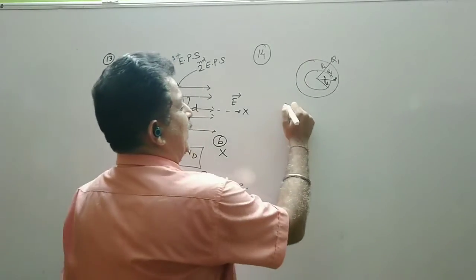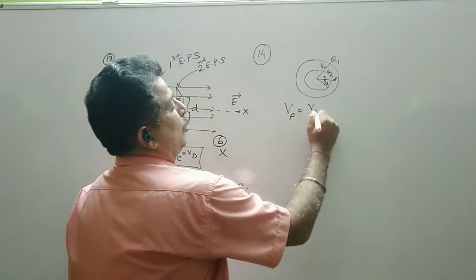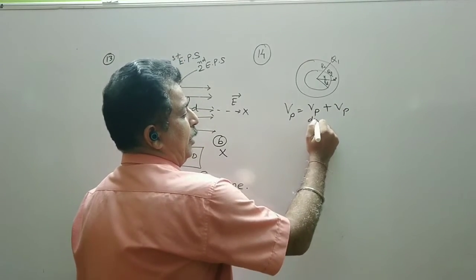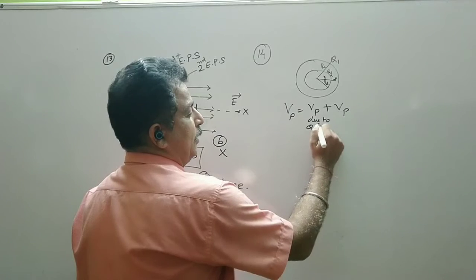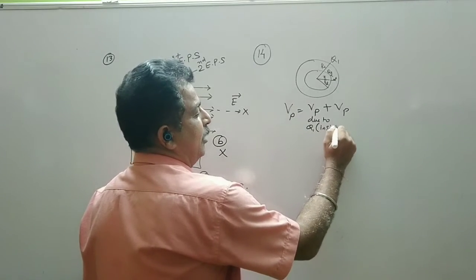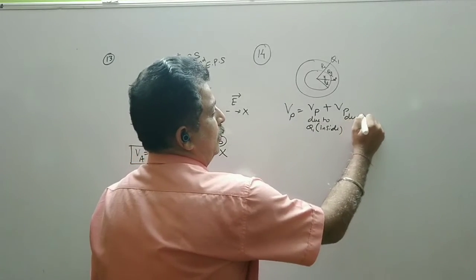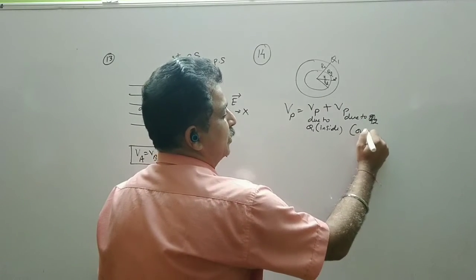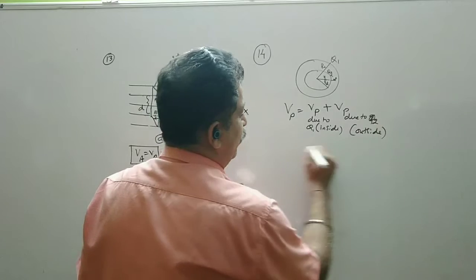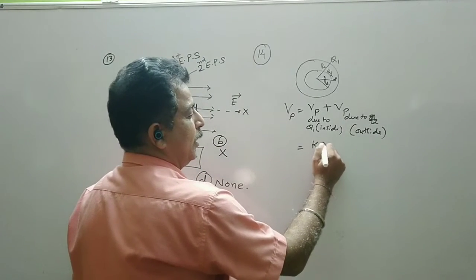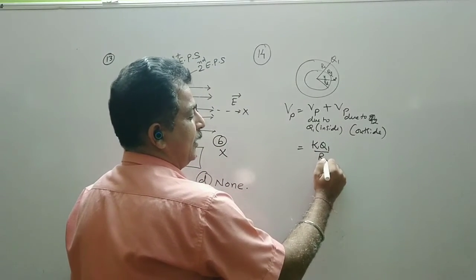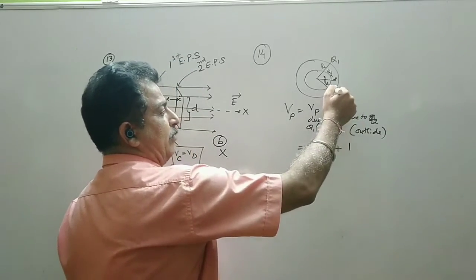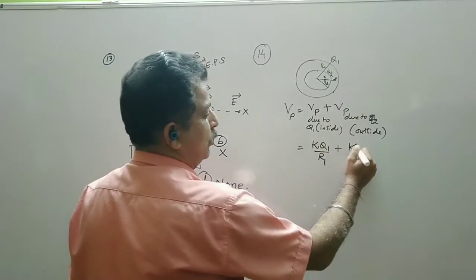So again I will write it like this: the potential at P is equal to VP, and there are two sources. This will be due to Q1, that is inside, and due to Q2, that is outside. So we apply the formula for inside and outside. K Q1 upon R1, because on the surface of R1 or inside, the potential is constant.